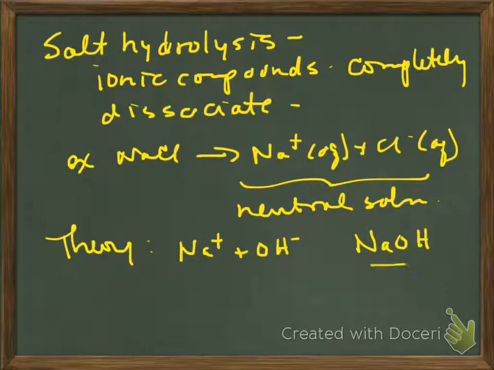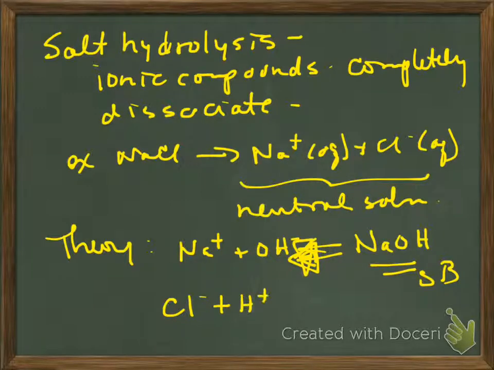But sodium hydroxide is a strong base, so it will not be in equilibrium, and that does not contribute to any pH change. Same thing with the chloride. It is going to be attracted to the H, or the hydronium ion. That is a strong acid, and strong acids do not set up an equilibrium, so the chloride's not going to have any effect on the pH. It would be a neutral solution.